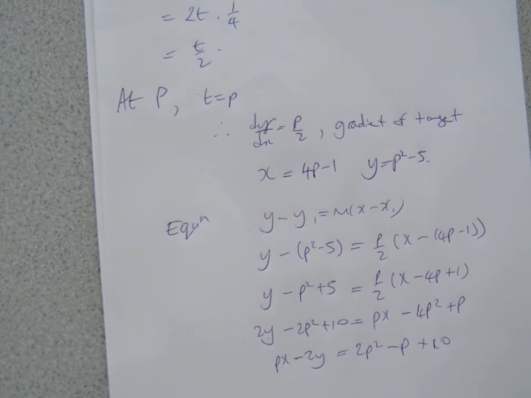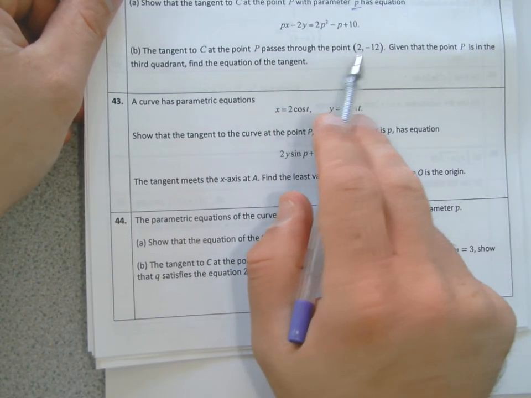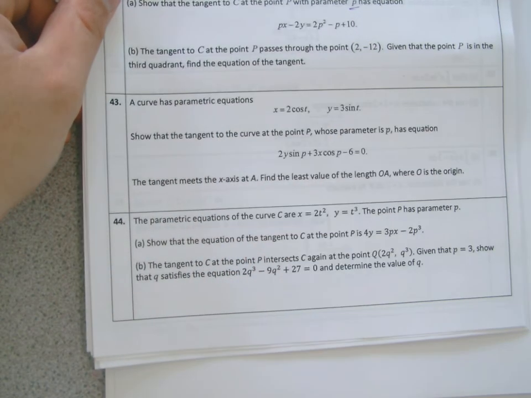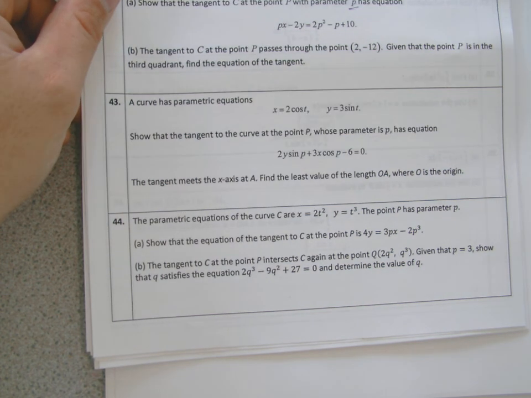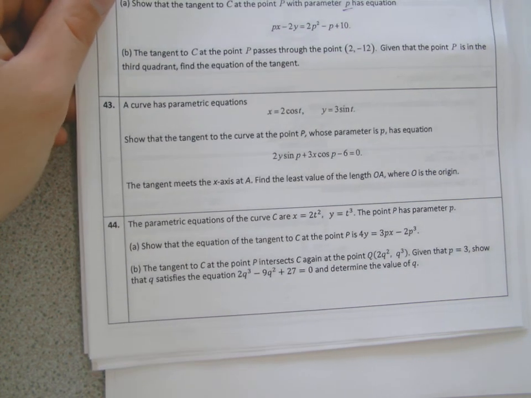Then it says in the question, the tangent to C at the point P passes through the point (2, -12). Given that the point P is in the third quadrant, find the equation of the tangent.